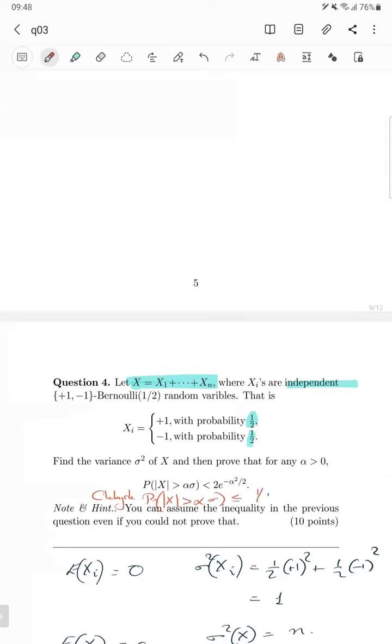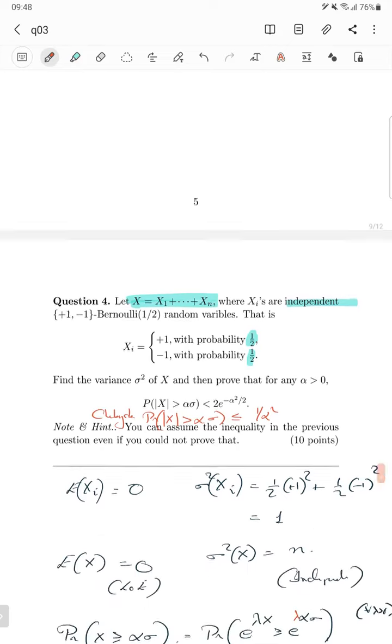Chebyshev would have only given you 1 by alpha squared. Now, in this particular special case of a Chernoff bound, you can make a comparison between 1 by alpha squared and e raised to minus alpha squared. So that's the difference that Chernoff can bring.